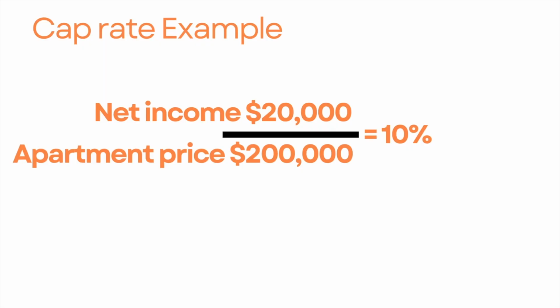Net is how much you're left with. Gross is how much it is if you don't take out any losses. So our net operating income is $20,000 on this property, divided by the $200,000 that we purchased it for.